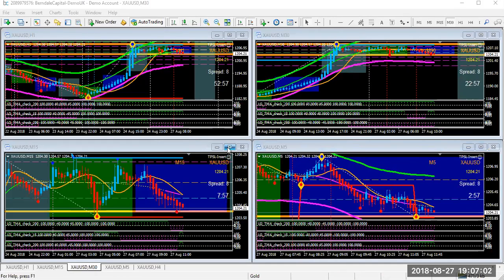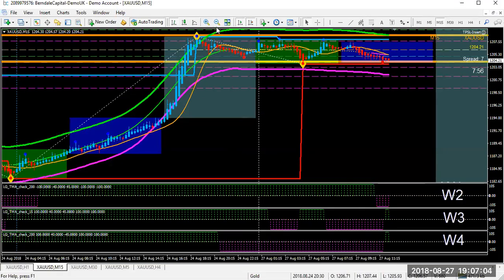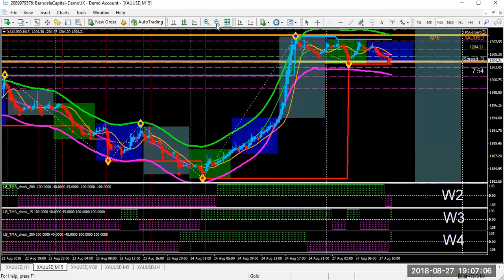Now if I go to my 5 minutes, my 15 minutes, and I just zoom up, that means the candles become smaller, just to see what price has been doing. We've had a pretty big rise in gold.